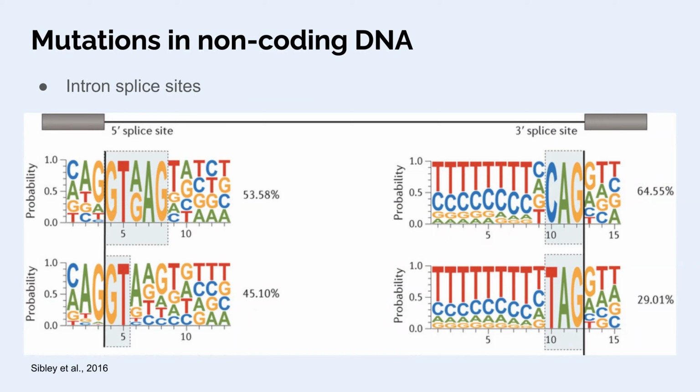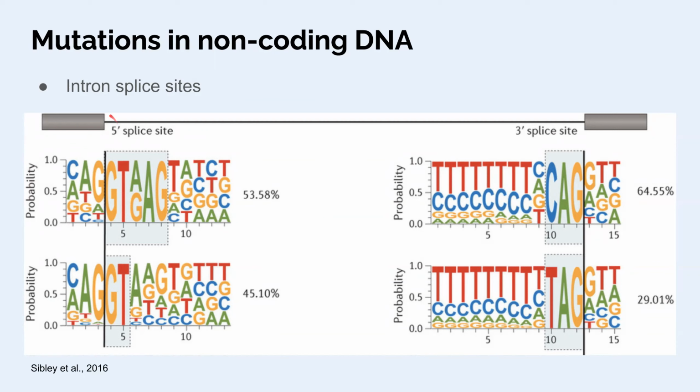Another version of mutations: we looked at the consensus sequences for intron splice sites. These have their consensus sequences spelled out. The 5' splice site, this GT, is coming out to be very important. There's only G at the one site, only T at the next site. A mutation in one of those sites can cause splicing not to happen there. And if you fail to splice out an intron, you might end up with that intron still contained in the final mRNA molecule.